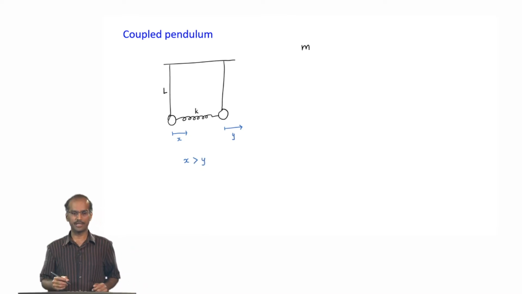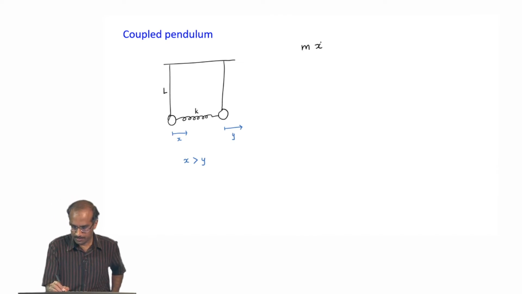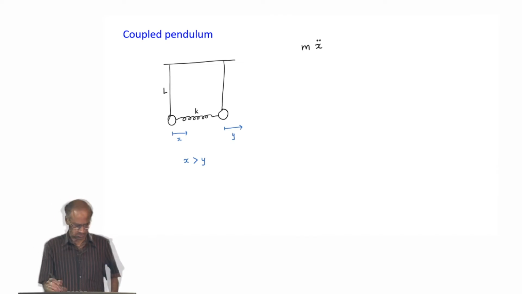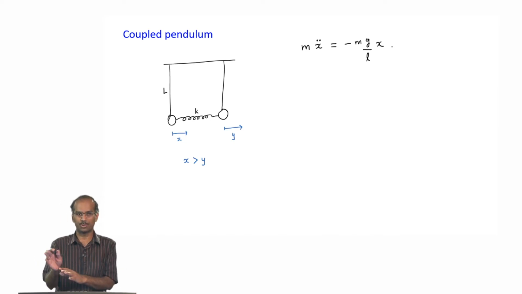Let me first write the equation of motion for the x pendulum: m times x double dot is equal to minus m g by L times x. This assumes that you have nothing else, in the sense that there is no y pendulum.